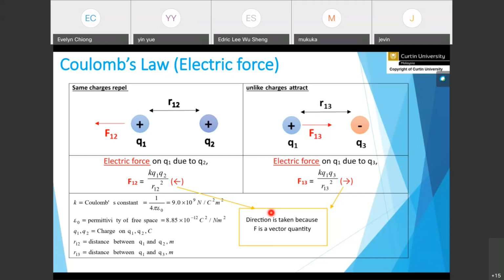But the other way around, if I want to calculate the electric force on Q2 due to Q1, then I will have to write F21. So this is the electric force on Q2 due to Q1.